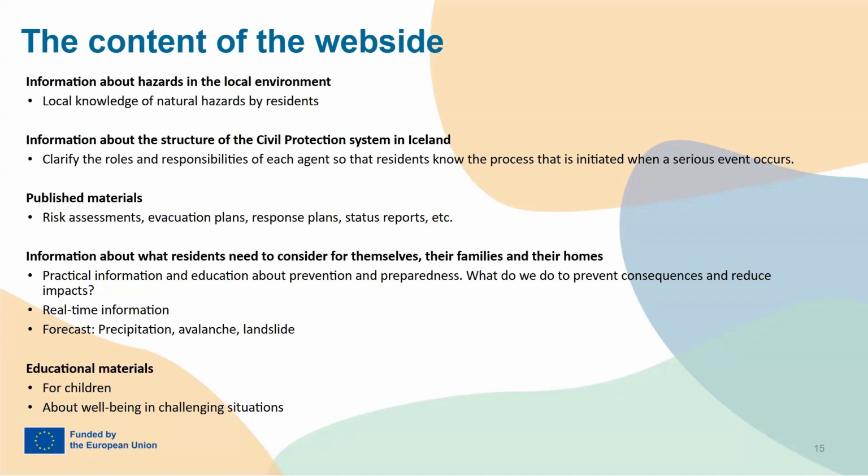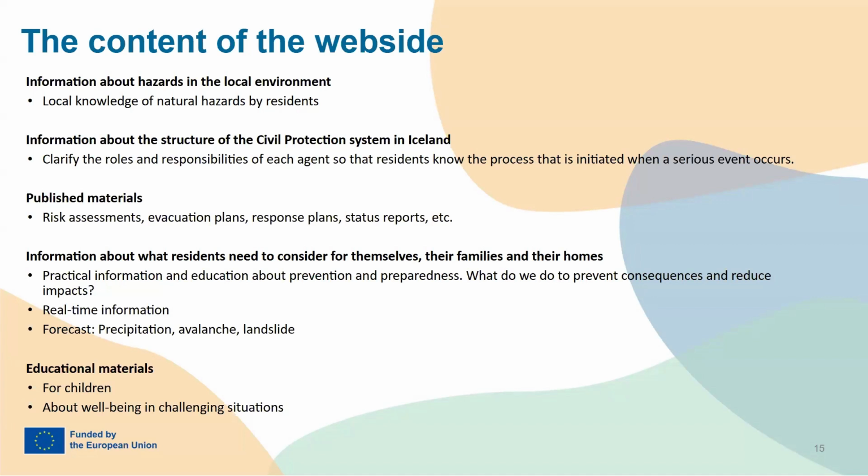And then we also need information about the structure of the civil protection system in Iceland, because when something happens and you are stepping into a totally different landscape than your daily life, you need to know who is in charge of what and what kind of support you can expect to receive and from whom.